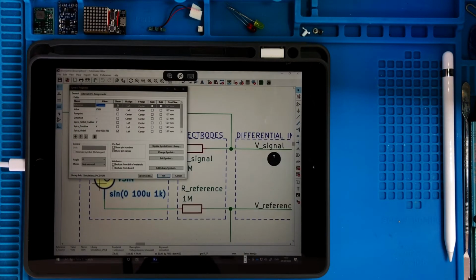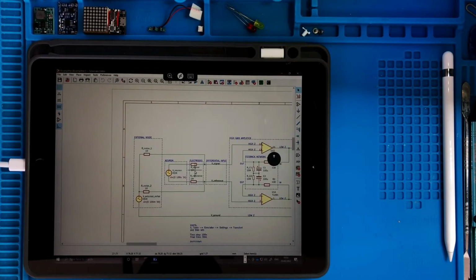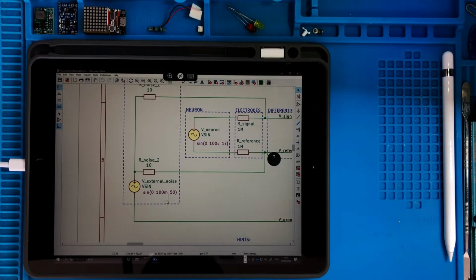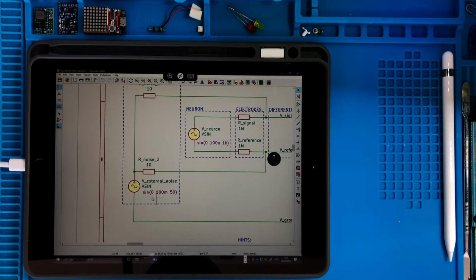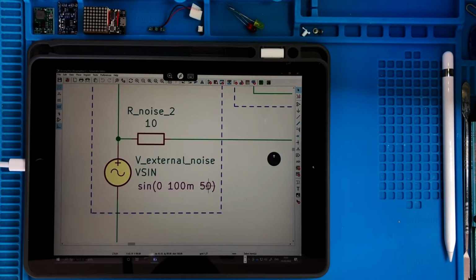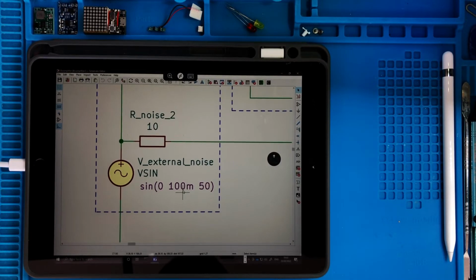So then let's see what we have as a noise. I put a signal which is a sinusoid of 50 Hz, which is this nasty signal we usually have to suppress in Europe, because in the US it is 60. And the amplitude of this external noise is 100 millivolts.